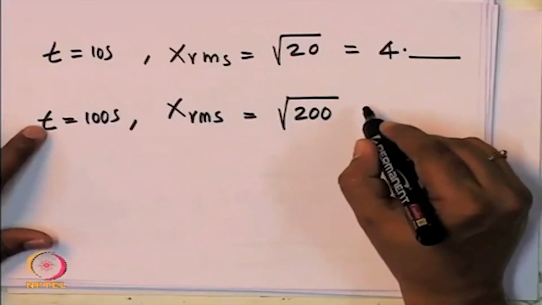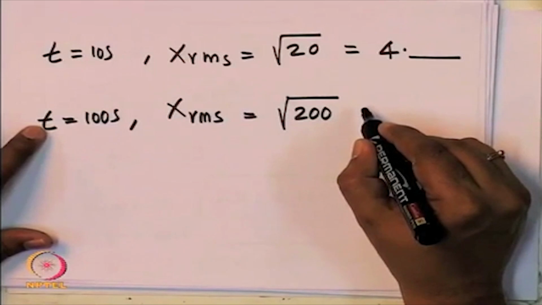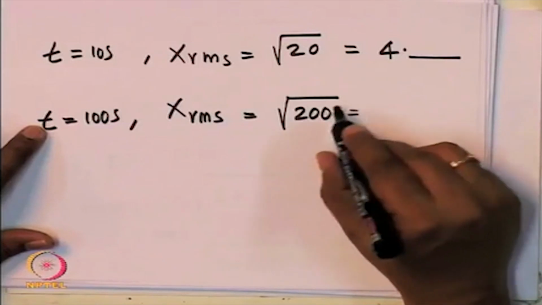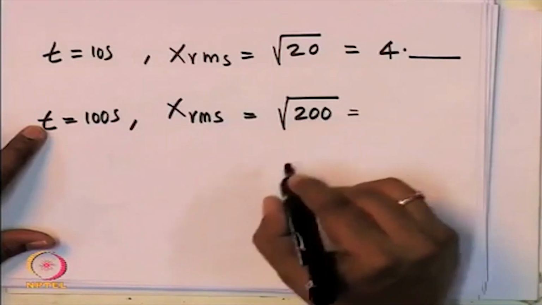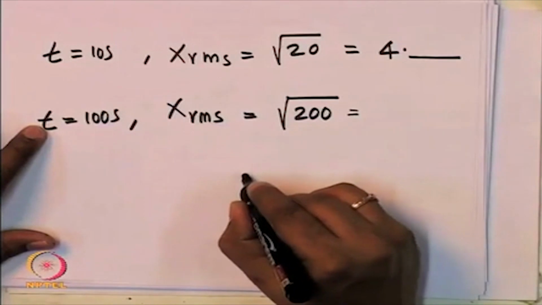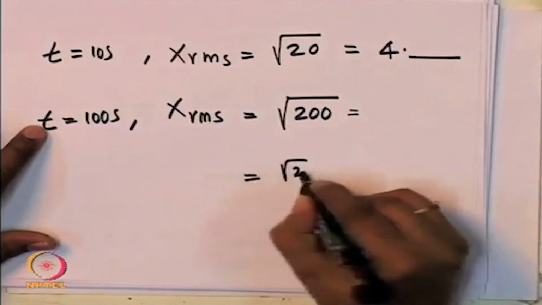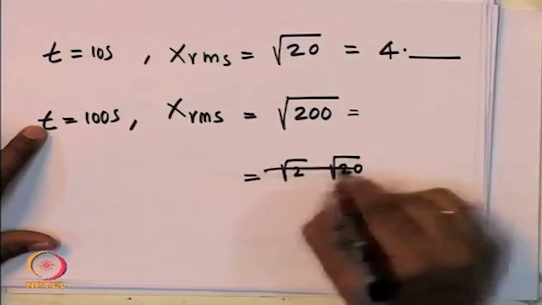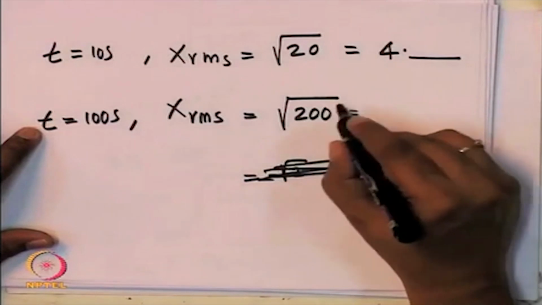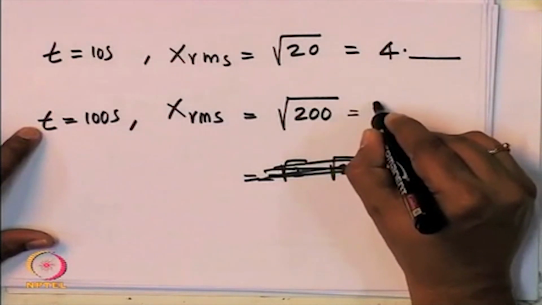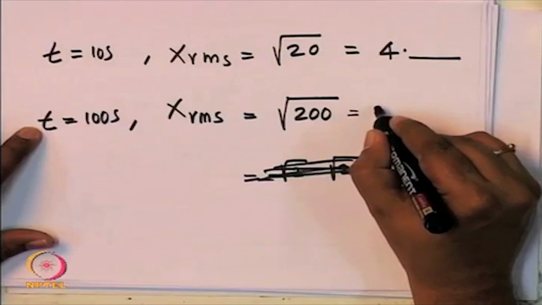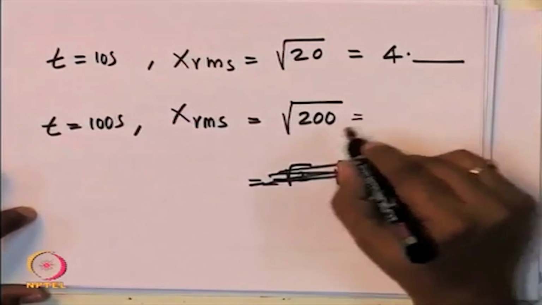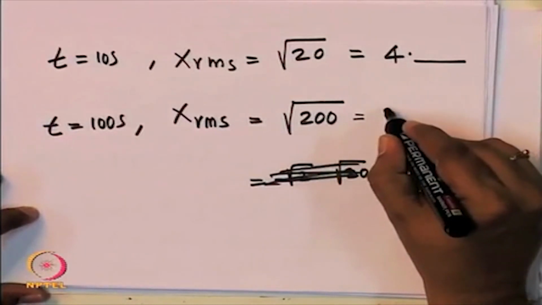So this is basically what you get. Root of 200 can be written as root of 2 into root of... sorry, this is wrong. So what will be this number? This number will be very close to 15, because we know that root of 225 is 15.